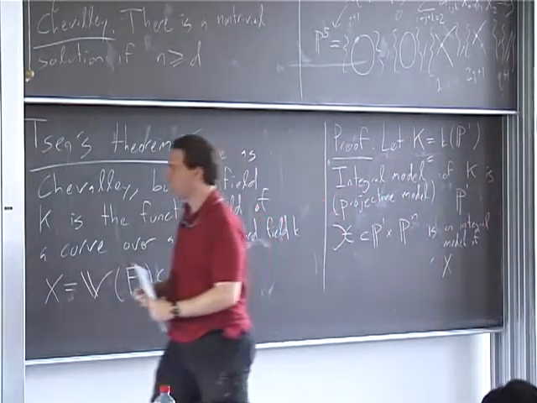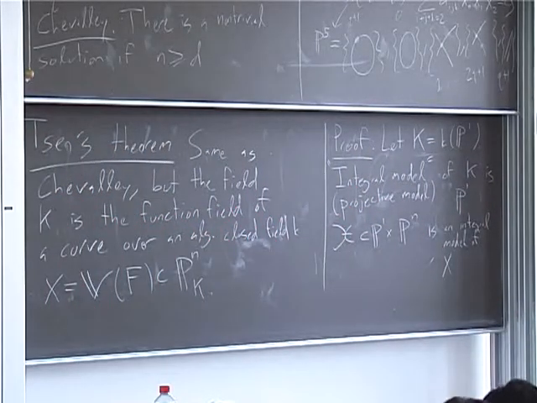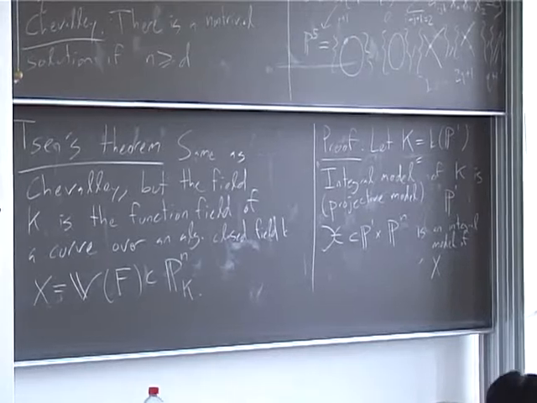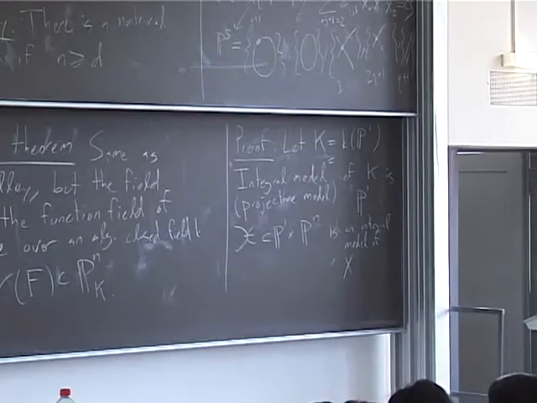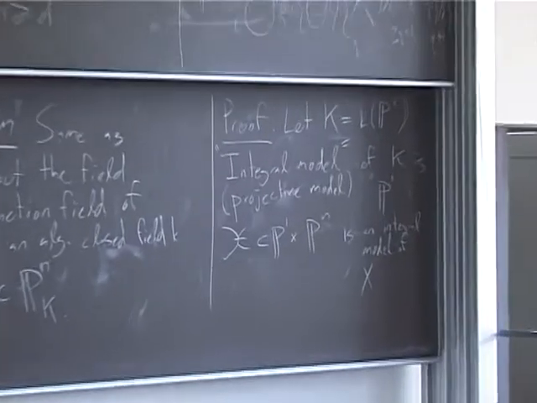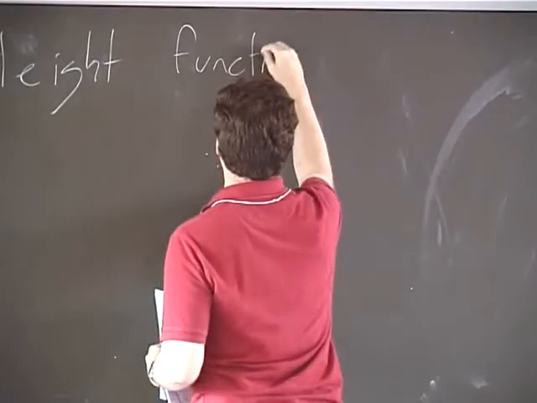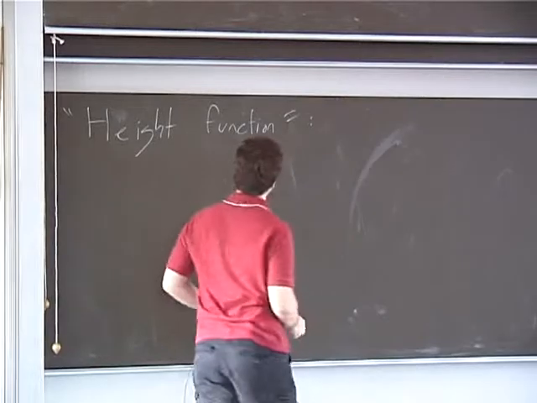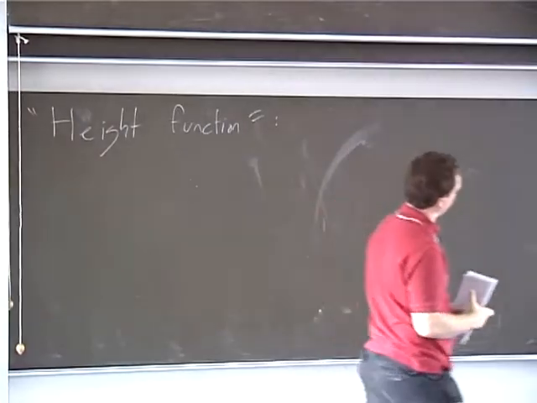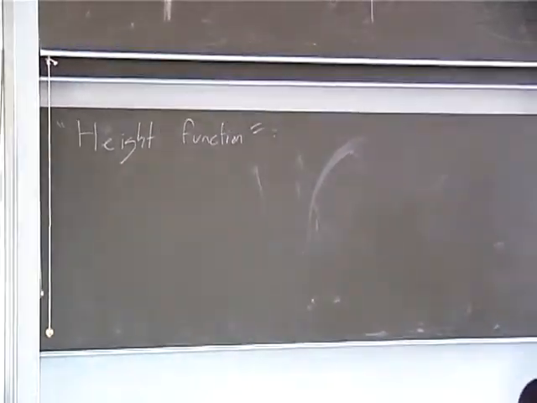And now we want a height function for points, and the height function will be the degree. So these are analogs of things that are very familiar from number theory. Before I get to height functions, I have to say what integral points are here.